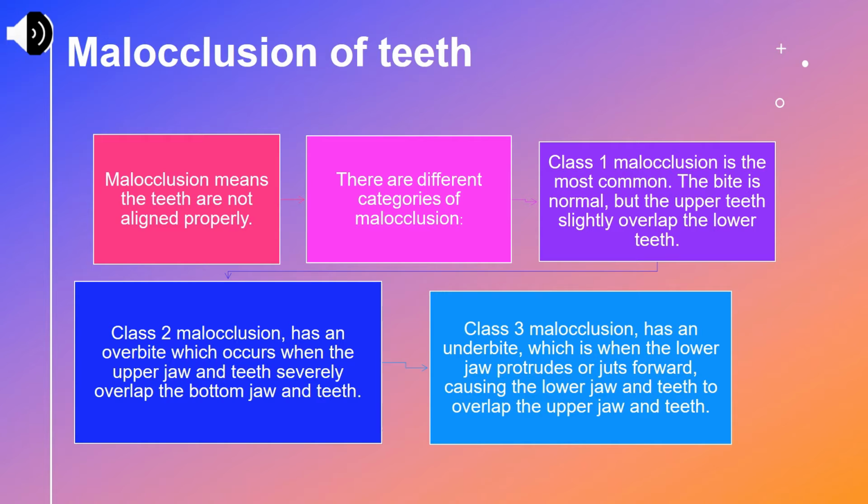Class 2 malocclusion has an overbite, which is when the upper jaw protrudes severely over the lower jaw. And Class 3 would be an underbite, where the lower jaw protrudes forwards or juts forward, causing the lower teeth to overlap the upper teeth. There are more complex dental terminologies for this, which we will look at in a bit more detail.